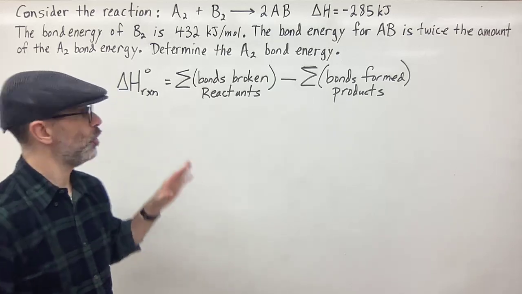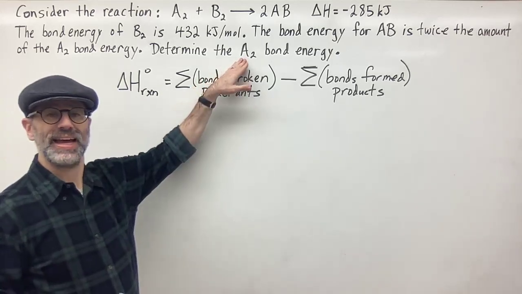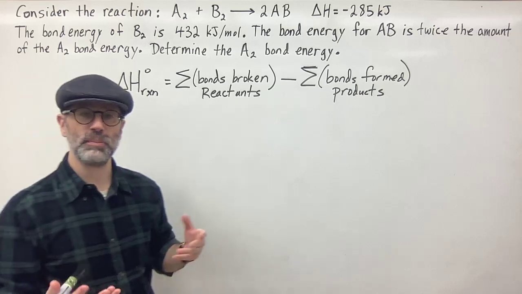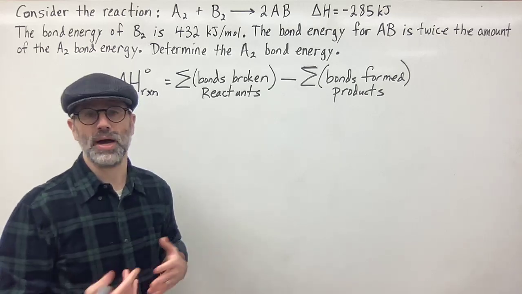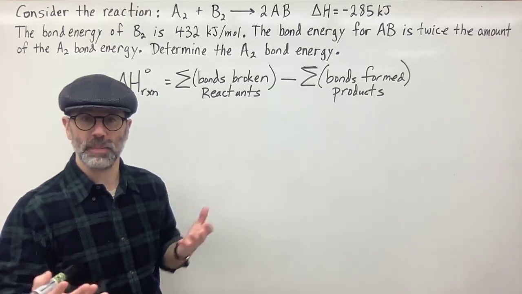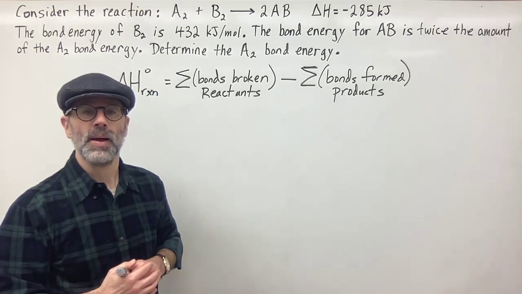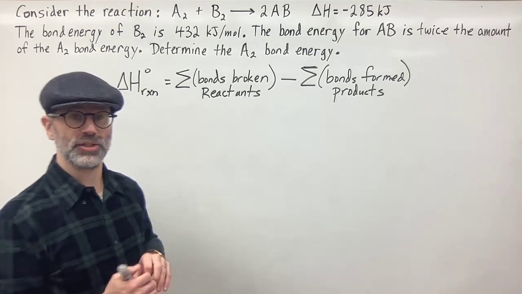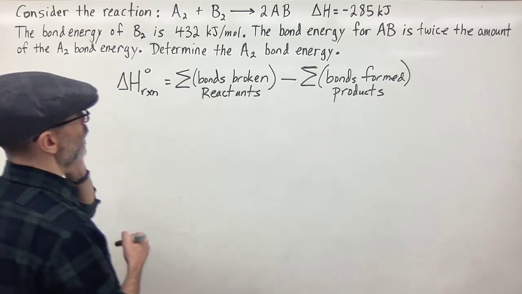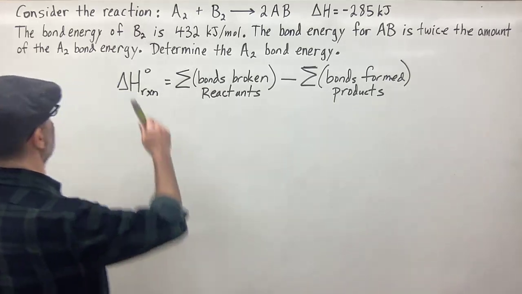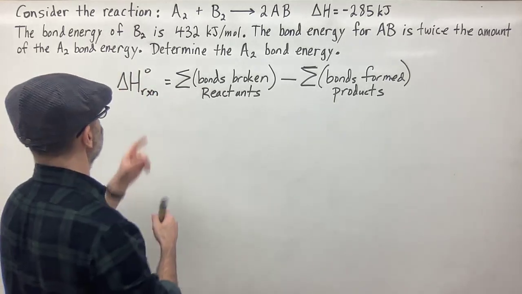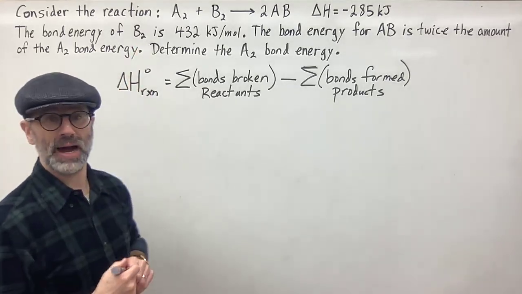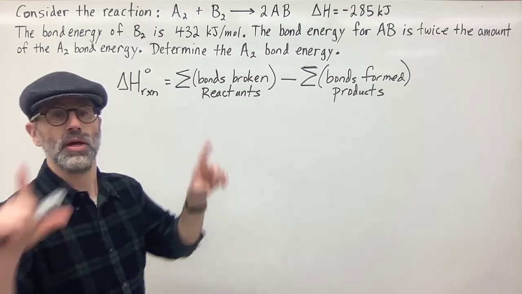Now, here we're just given generic A2 and B2 and AB, so we don't know what the bonds are, so we can't really look them up in a table, but we can still use this to write out the equation. So let's write out the other things we're given. We know that B2 has two B's bonded together.